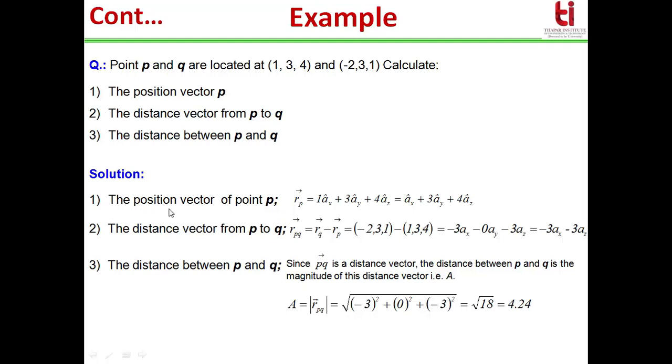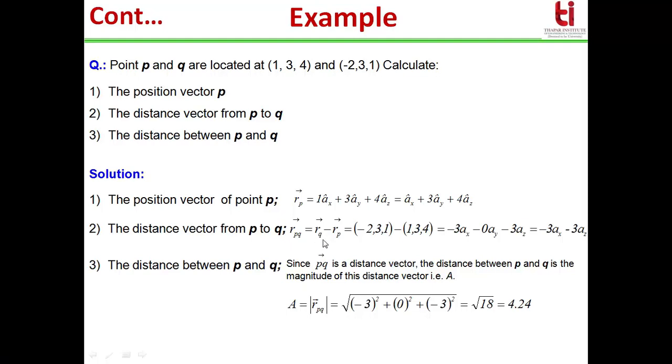The first is the position vector of P. So the position vector of P can be written as 1ax cap plus 3ay cap plus 4az cap, because we have the position of P as 1, 3 and 4. And second is the distance vector from P to Q. As we know the position of P and the position of Q, vector PQ is what?